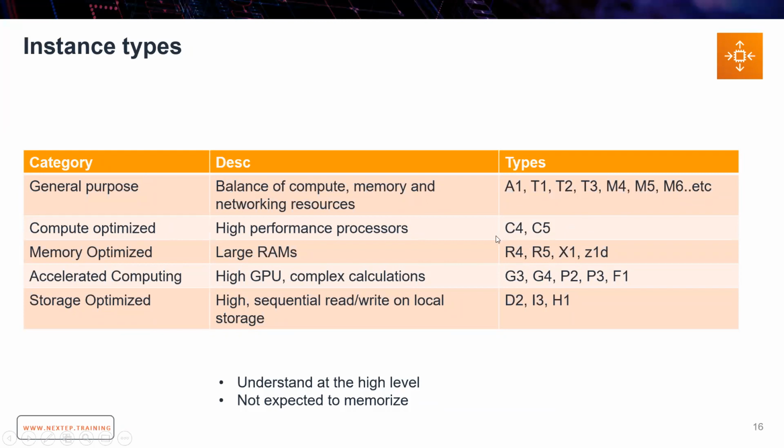And you have your compute optimized, your C4 and C5. There you can go with the C4 medium, C4 large, C4 extra large. C4 extra large comes with 16 core CPUs, or even 32 core CPUs. It costs you a fortune.